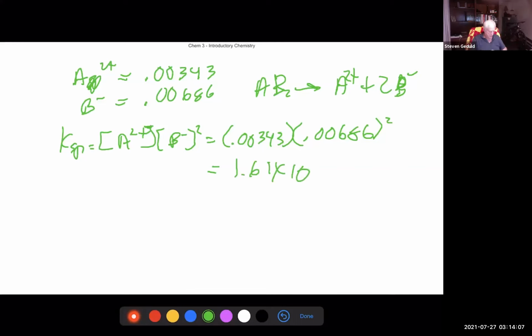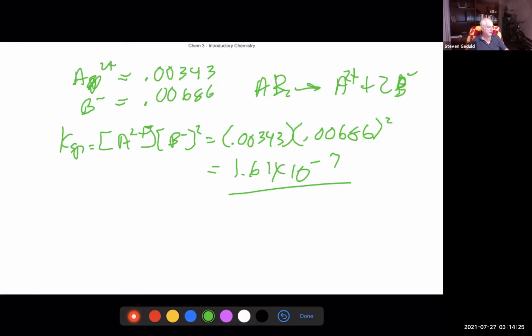Let's see, 1, 2, 3, 4, 5, 6, is it 7? Yeah, 7. 10 to the minus 7 should be the Ksp. That's just our equilibrium constant.